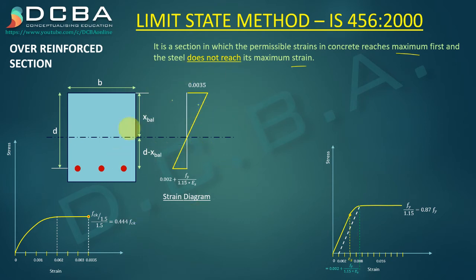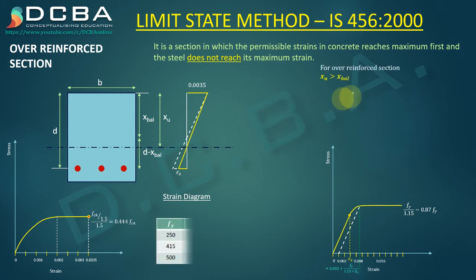So again this strain diagram will be changed, and we have the maximum strain value of concrete and intermediate strain value of steel. And you see that XU is greater than X balance. So for over reinforced section, we can say that our XU will be greater than X balance.